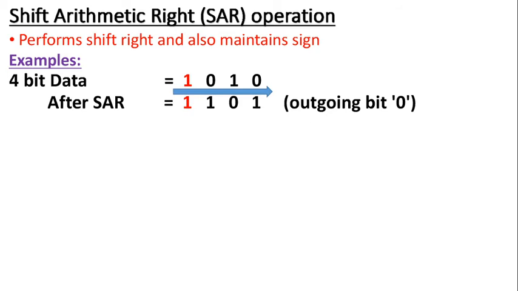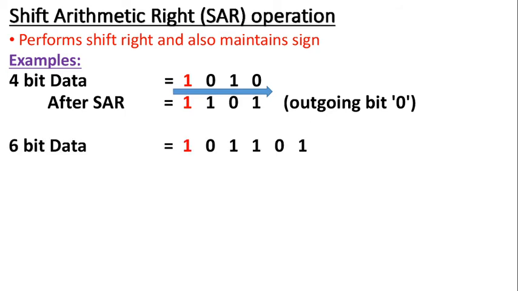But anyway, my data is 4 bit, so 4 bits of result is required here. So the outgoing bit will be that LSB, the 5th bit, which is 0. So after SAR I am getting that result which is 1101. You can observe it here. Deliberately 4 bits of data is taken here because in case of 8086 we don't have any register of 4 bit. So for understanding purpose, that different sized data is taken here.